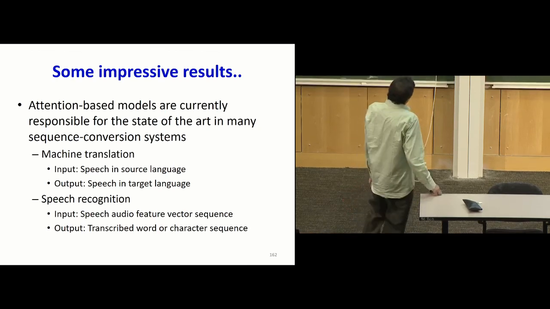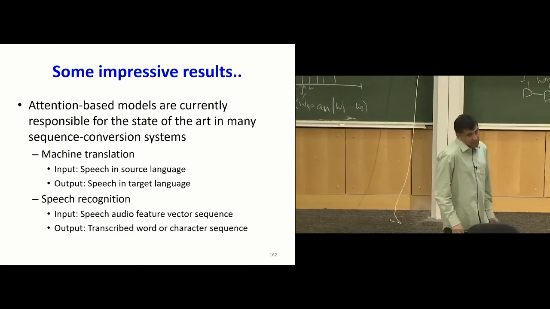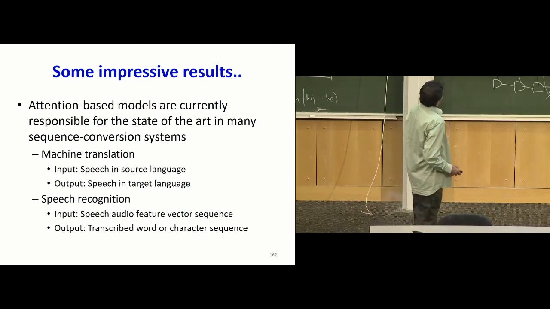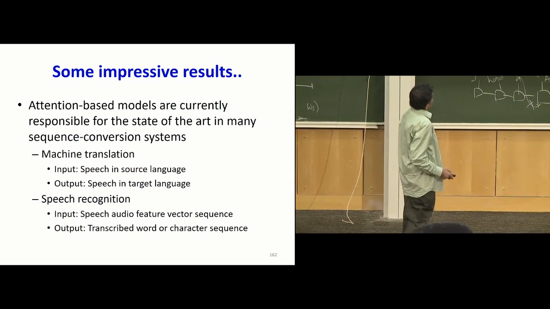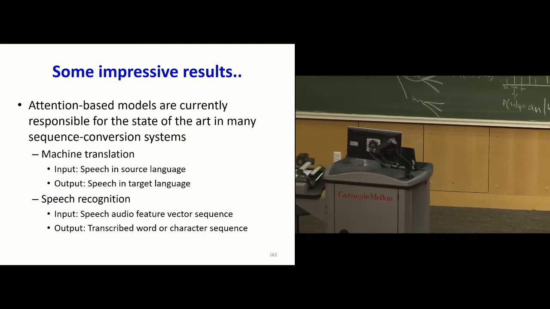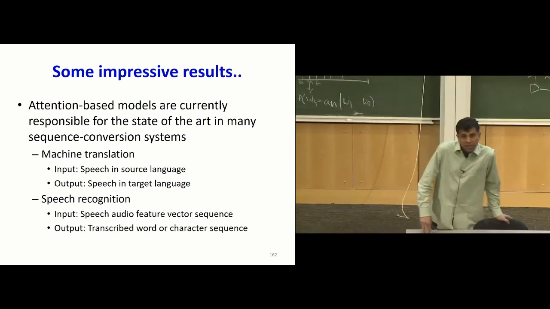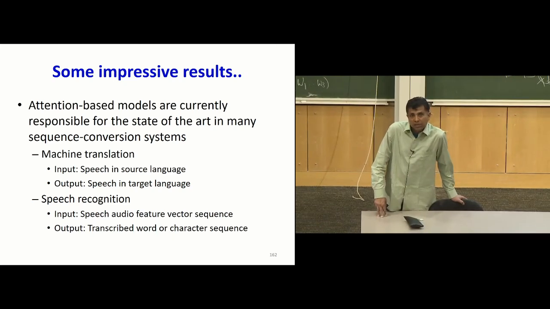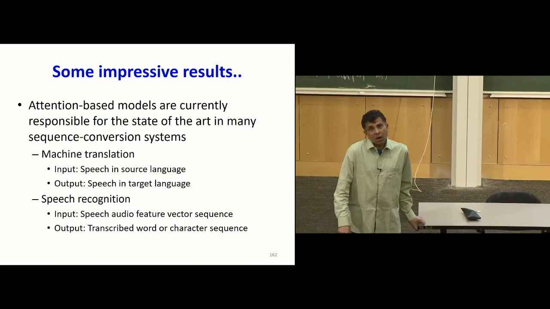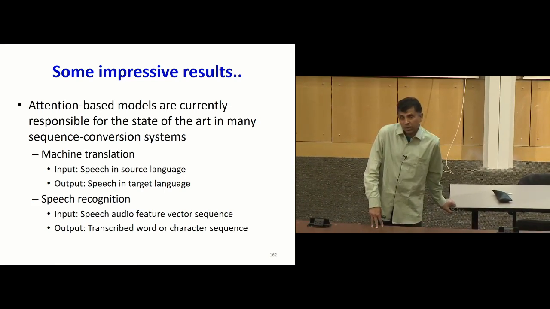Now, attention-based models are currently responsible for the state-of-the-art in many sequence conversion systems, like machine translation, which is text in source language and text in output language, or even speech recognition. It turns out attention-based models are actually very good at recognizing speech, and they have this added benefit that the output is not required to have order correspondence with the input, so you can actually use these to produce the spelling.